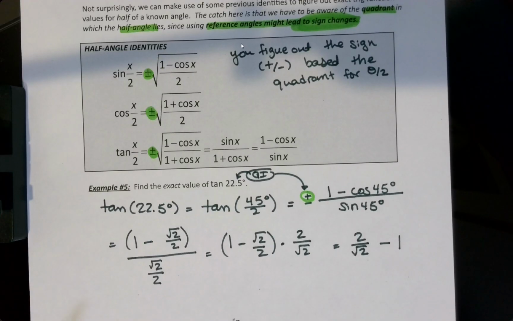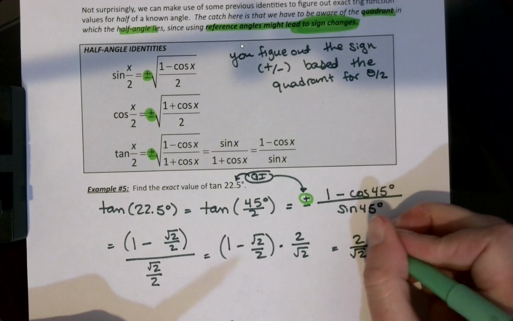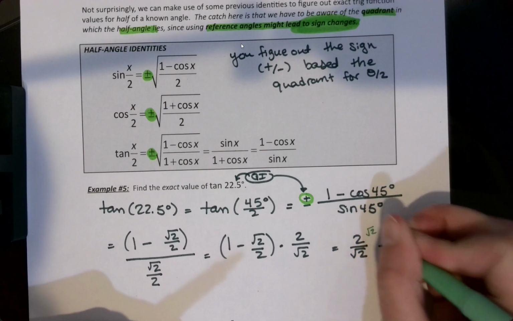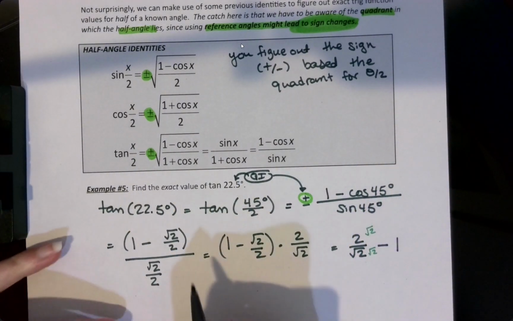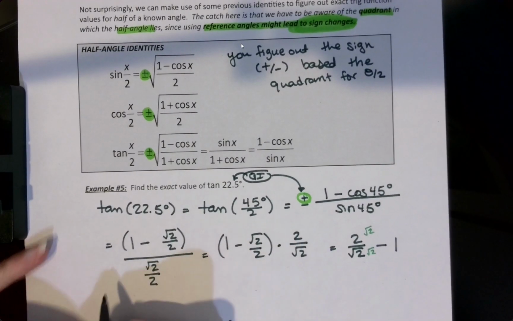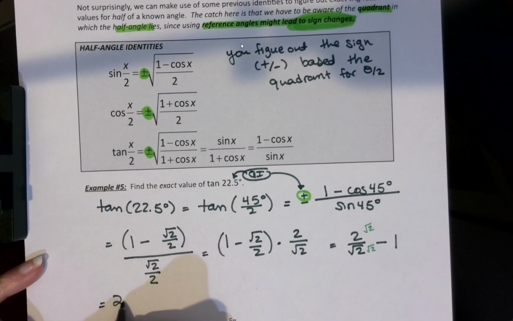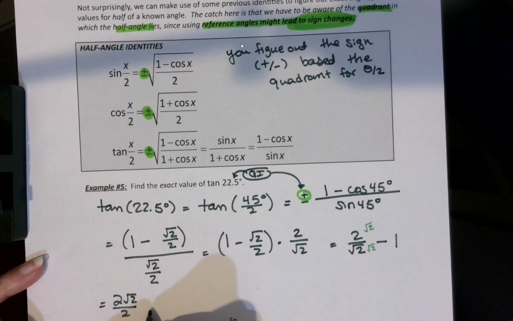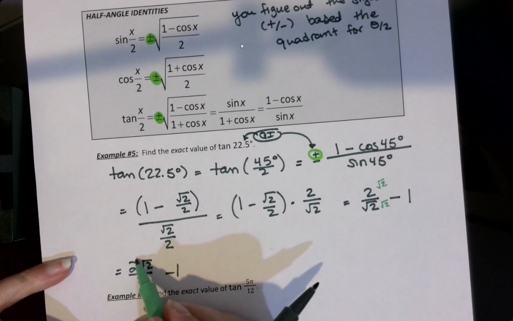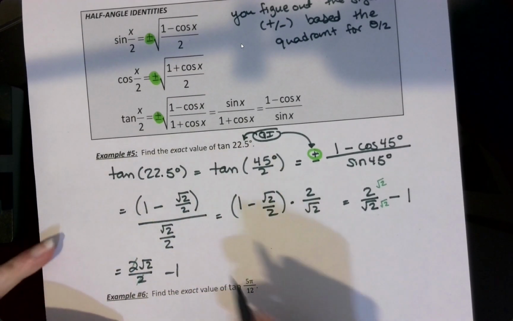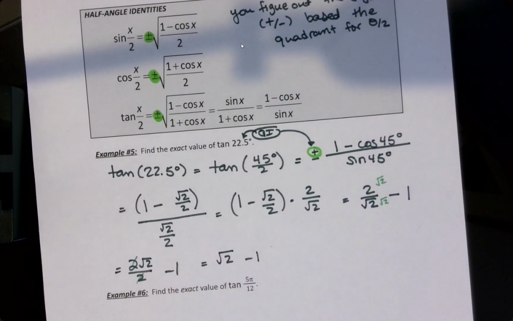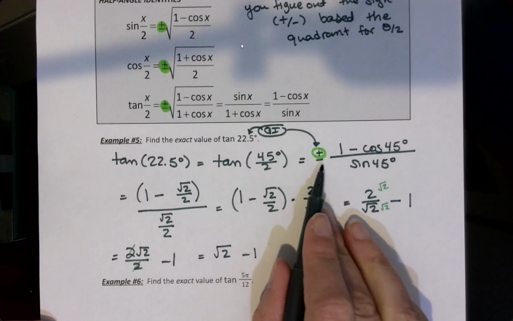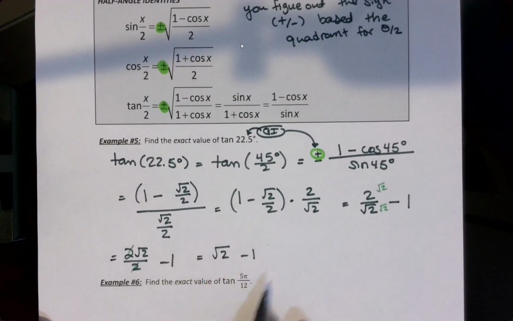And then let's just rationalize this part right here because it's going to clean this up. If I multiply by square root of 2 on top and bottom, that gives us 2 square root of 2 over 2, and then our 2's reduce. So this number is going to simplify to the square root of 2 minus 1. Now, let's make sure that that value is a positive value, and we'll check our answer here.